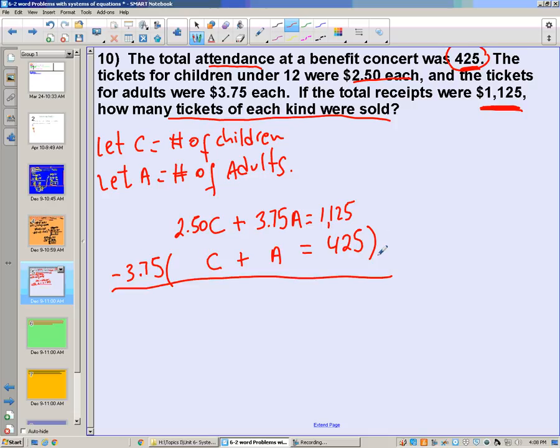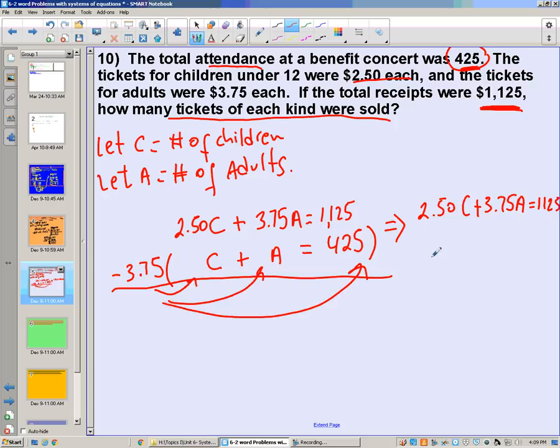All right, so let's rewrite this. The top is going to be the same: 250c plus 375a equals 1125. And when I multiply the bottom, don't forget you have to distribute, right? Everything gets multiplied by that.